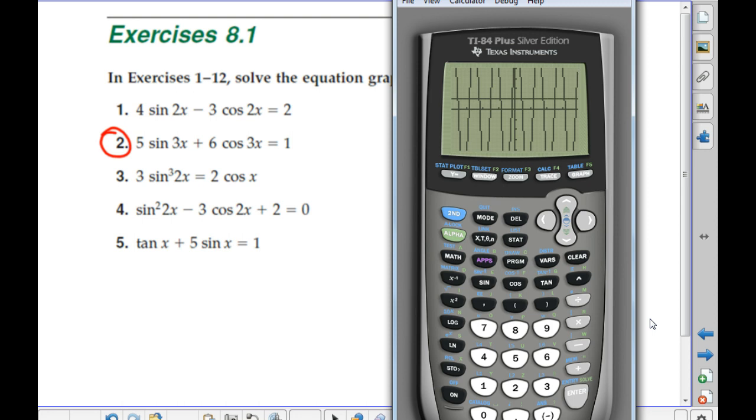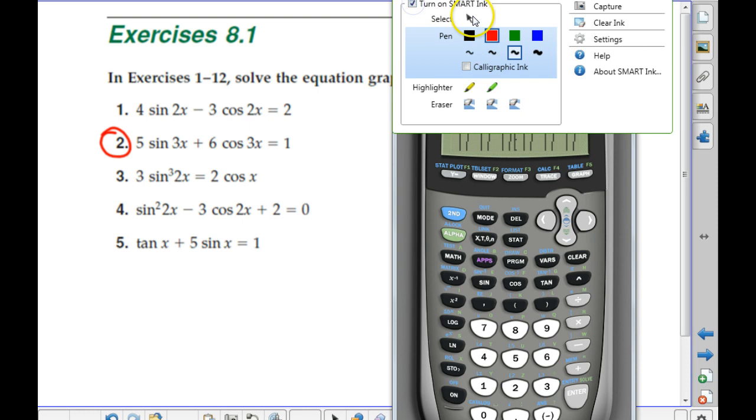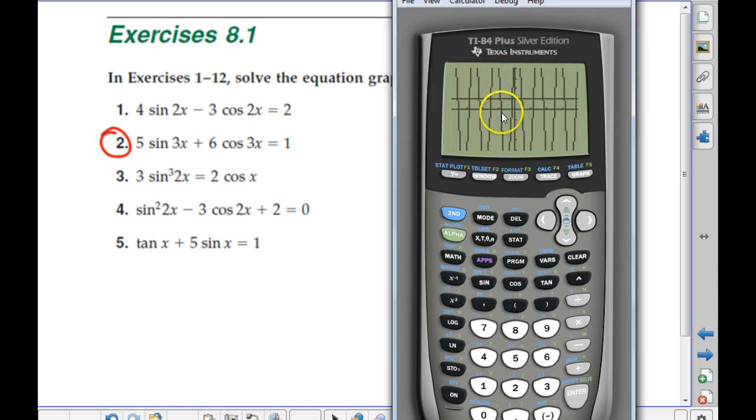It might be beneficial if we stretch this out a little bit. I'm not going to. I'm going to let you guys, because I'm thinking this is what you saw, so I'm going to leave it like this. But the 2 intersection points closest to the origin are right there and right there. Does everybody see those?